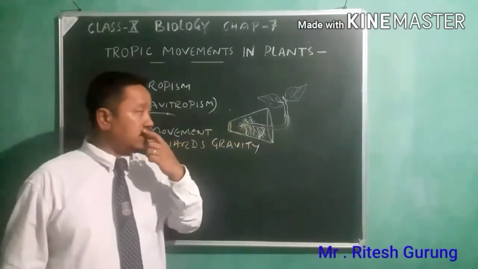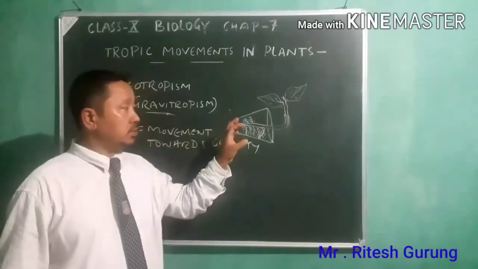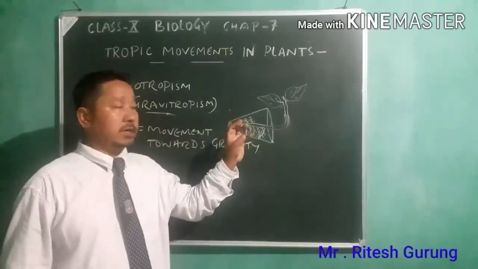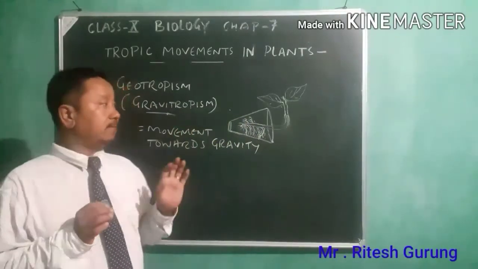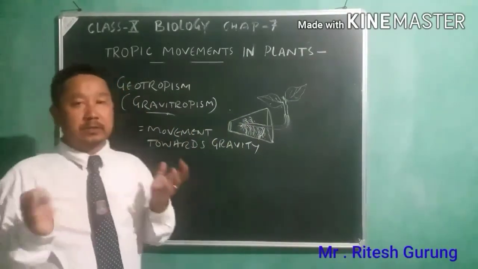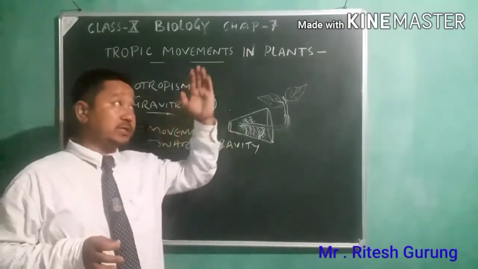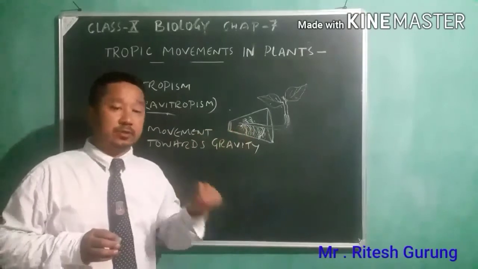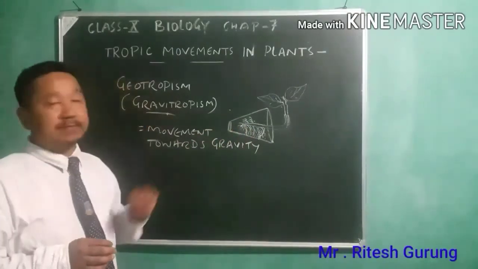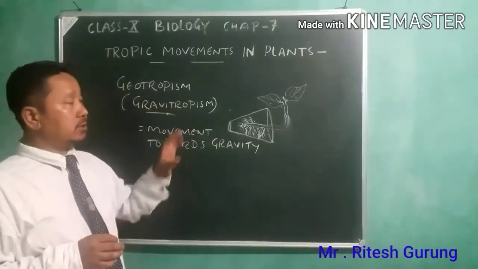It is better to go through this activity first. You just keep a potted plant upright, no problem. The shoot is directed towards the source of light, and the root is towards gravity.